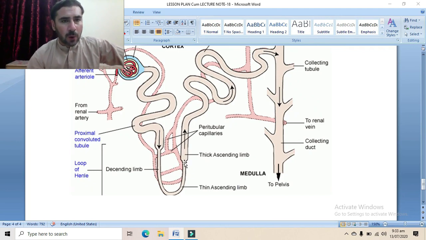Through the use of energy, this is active transport, sodium chloride ions, NaCl ions, are transported from this lumen, from inside, into this space.